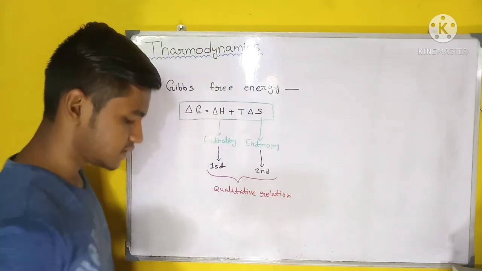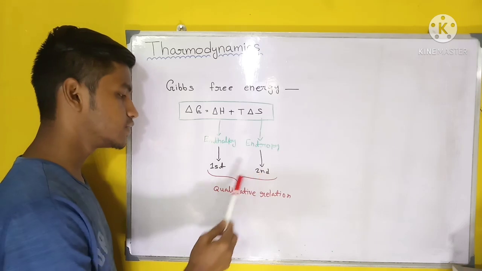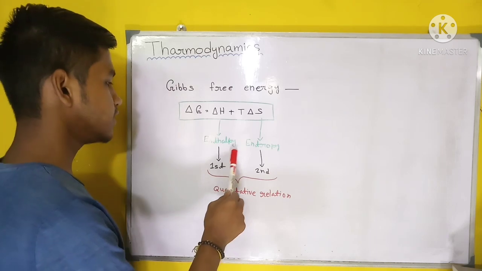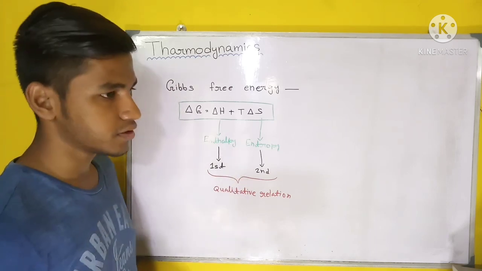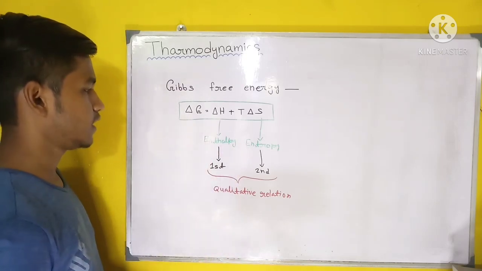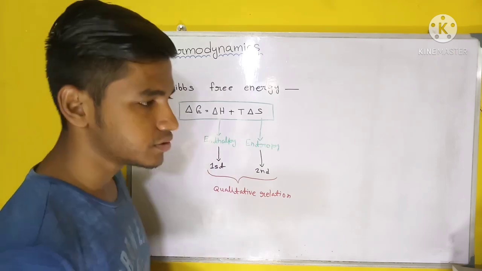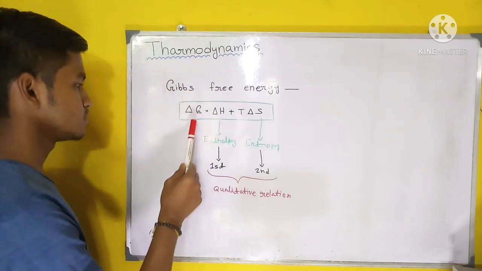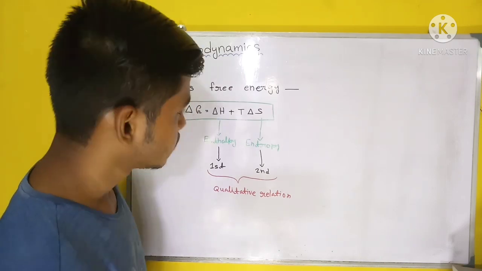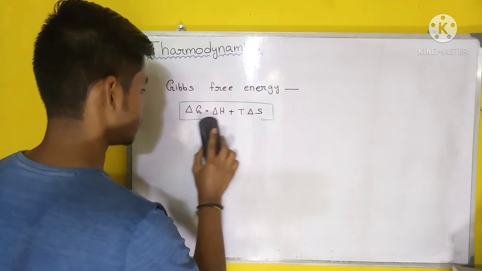So we can say that Gibbs free energy is the combination of the first law and second law, and it is a qualitative relationship between enthalpy and entropy. Sometimes enthalpy is positive and entropy is negative. Sometimes entropy is positive, enthalpy negative, and on their positivity and negativity, the exergonic and endergonic will be determined by the G. So basically G is the free energy, and we will be talking about the exergonic and endergonic processes.